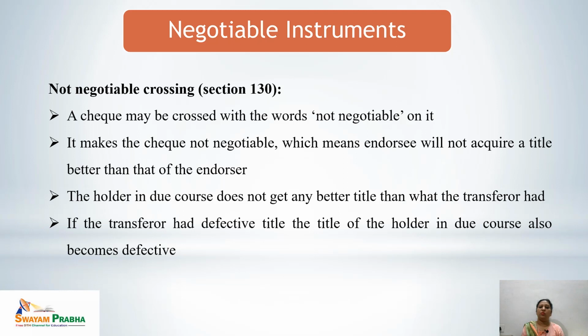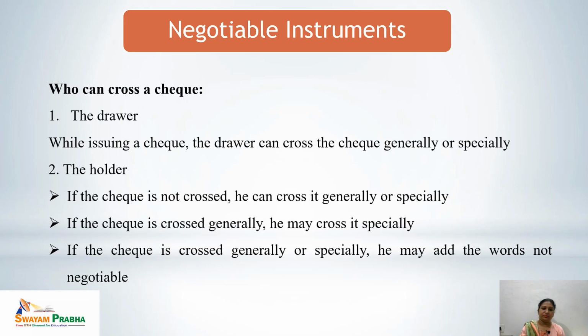Here the holder in due course would not get a better title than the transferor. If the transferor had a defective title, the title of the holder in due course will also become defective, which is the major difference between all other negotiable instruments and the check.